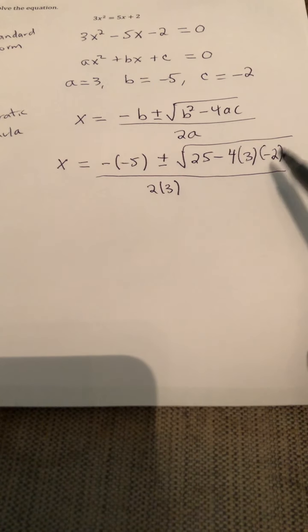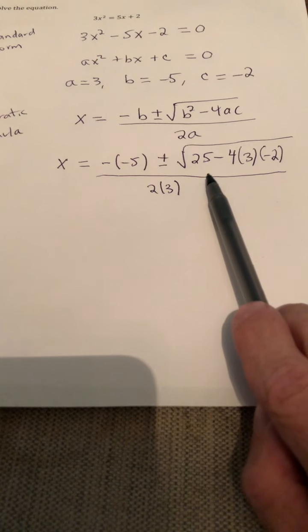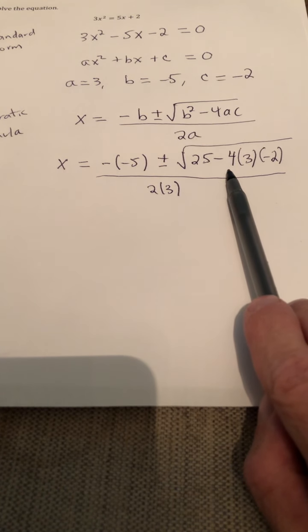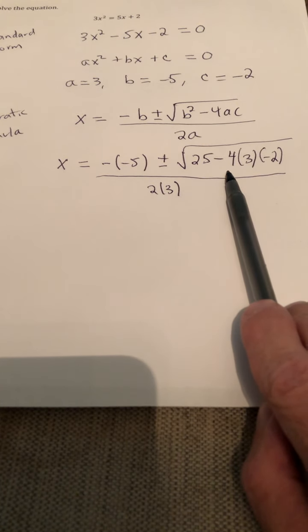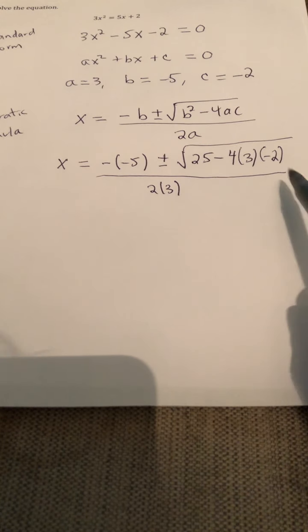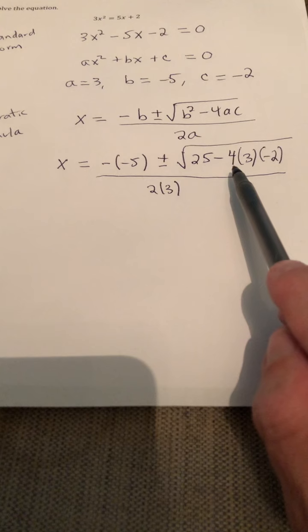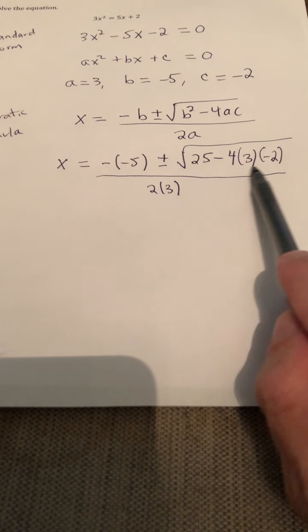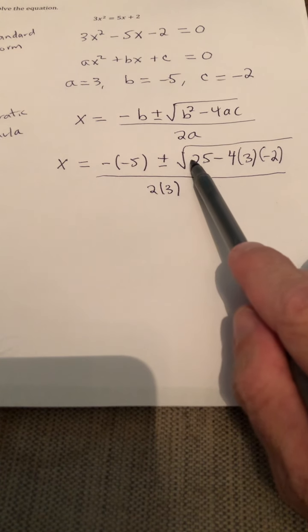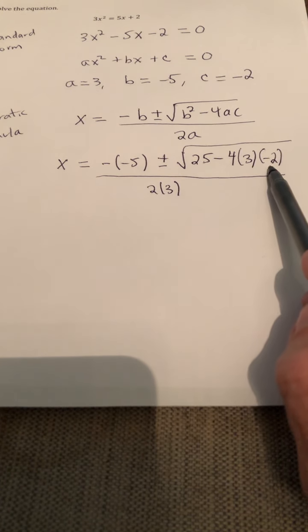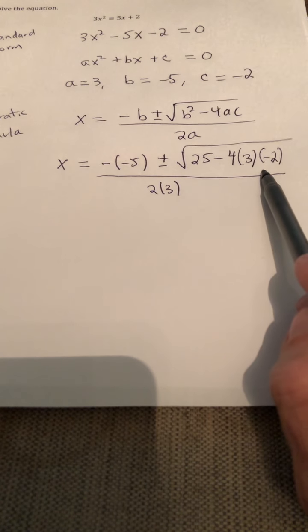So what we have to do right now is simplify the radicand, using the order of operations. And you'll see that the radicand ends up being a positive 49.